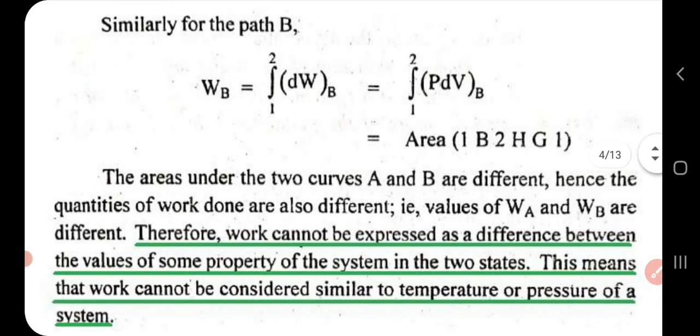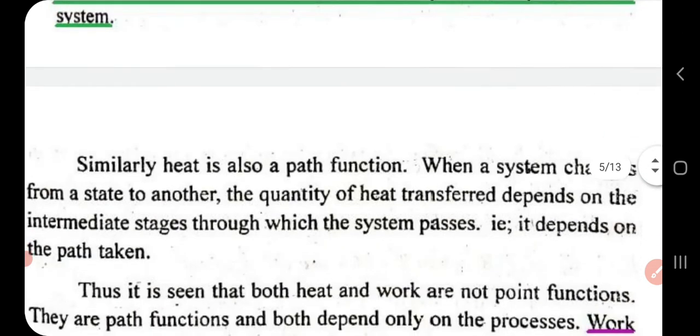The areas under the two curves A and B are different, so the amount of work done will also be different. That is quite evident because the values of WA and WB are different. So we can say that work cannot be expressed as a difference between the values of some property of the system in two states. This means that work cannot be considered similar to temperature or pressure of a system.